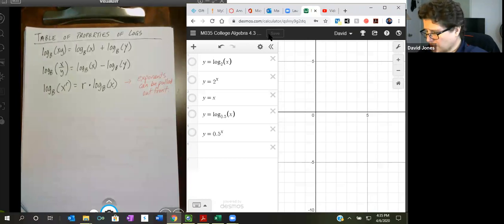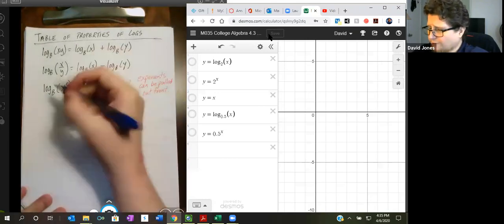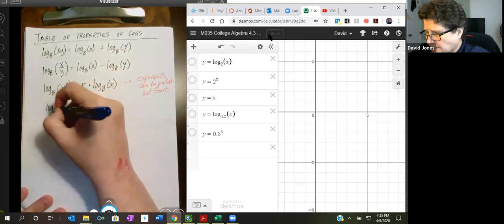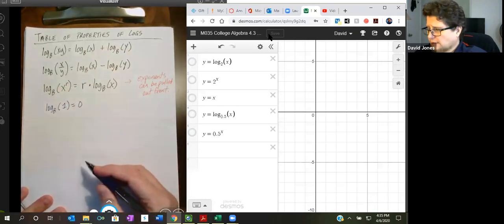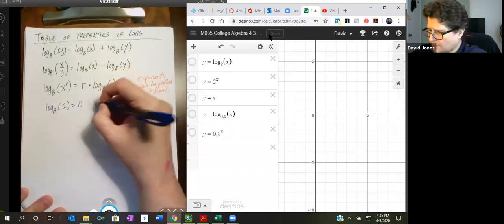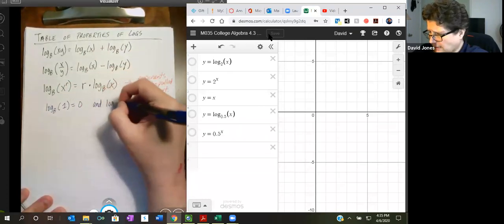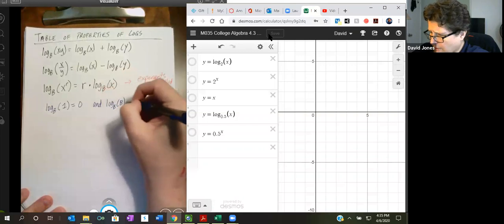Two of these we've already talked about. We've got log base b of 1 equals 0. And log base b of b equals 1.